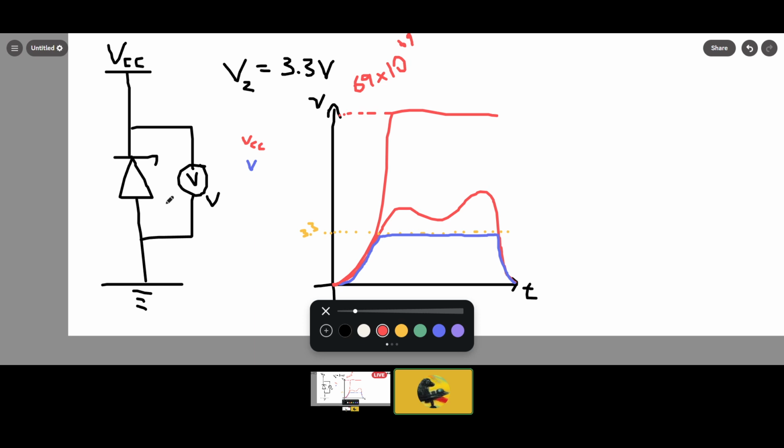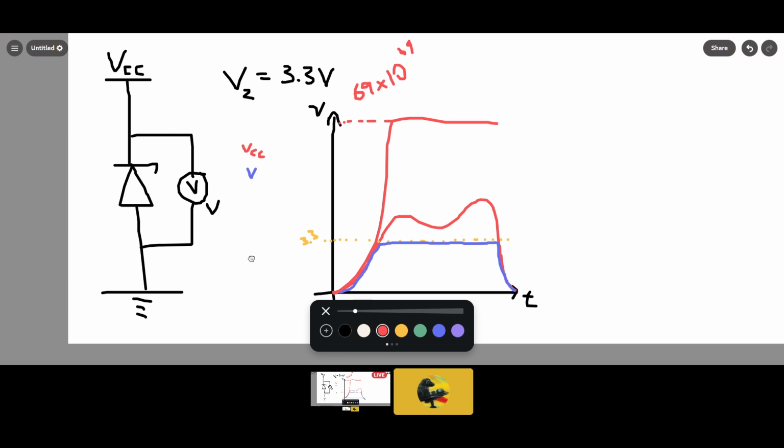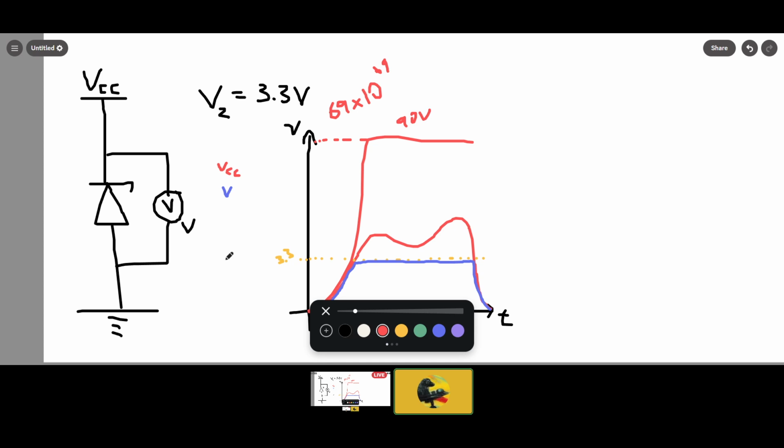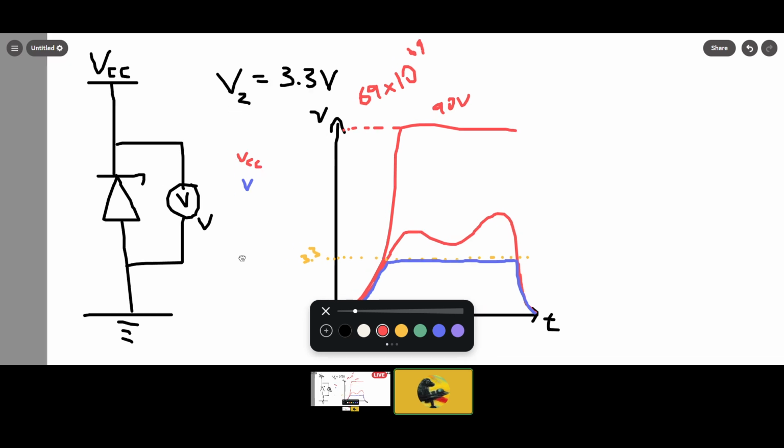Does the zener diode still clamp the voltage down to 3.3 volts? Where does the rest of the voltage go? Because let's say the voltage is 90 volts. If it clamps down to 3.3 volts, where did the rest of the 86.7 volts go? It actually gets eaten by the zener diode.